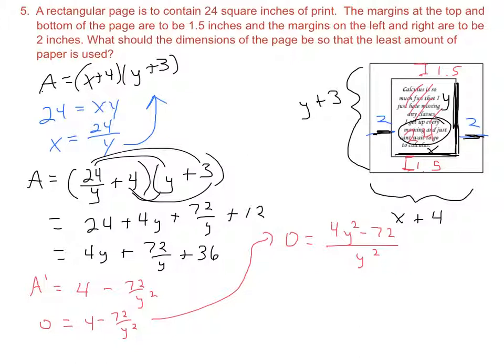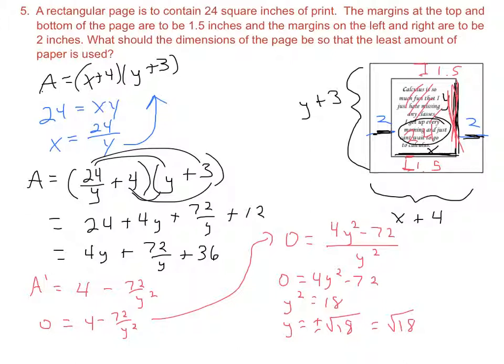Since for the fraction to be equal to 0, the numerator is 0, so 0 equals 4y squared minus 72. So y squared equals 18, and y will equal plus or minus the square root of 18. Once again, we're dealing with lengths, so it's going to equal just the positive square root of 18. This is the y value, the height of the inside square.